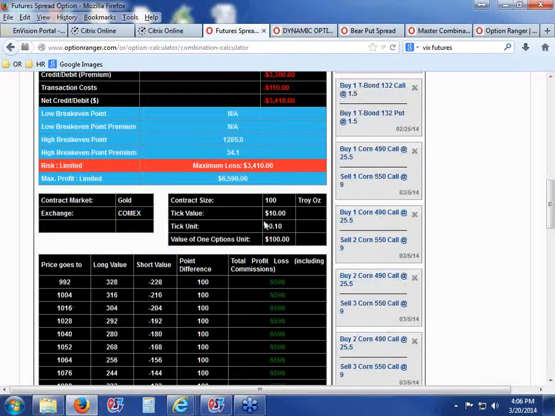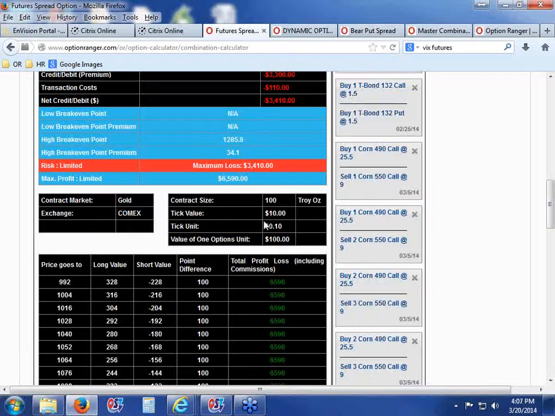So in a month's time, with the gold market being up quite a bit and then coming down, although the market hasn't broken to the downside according to bearish expectations, this particular trade has only lost at this point $9 or $900.